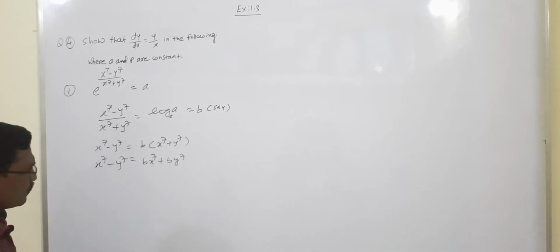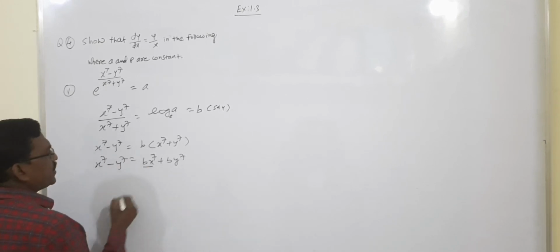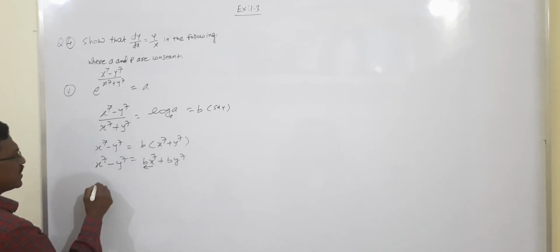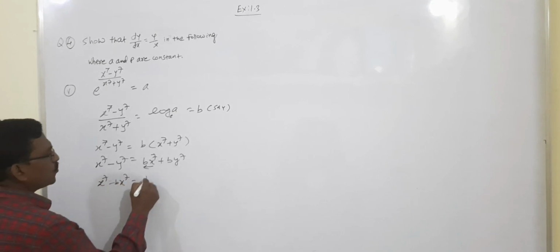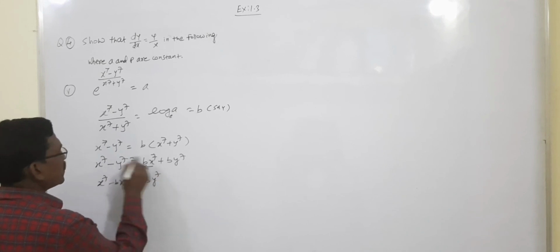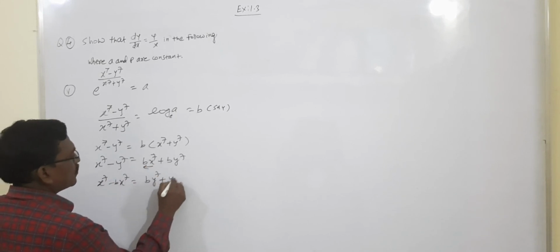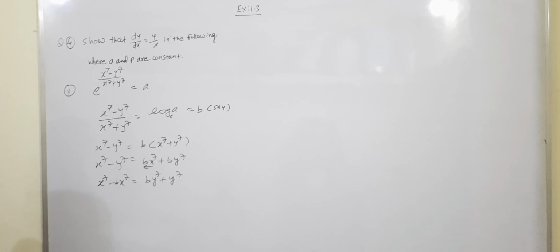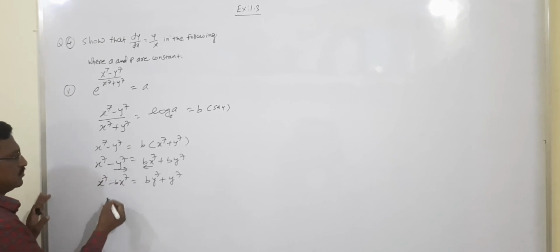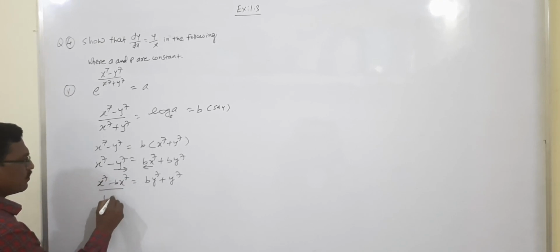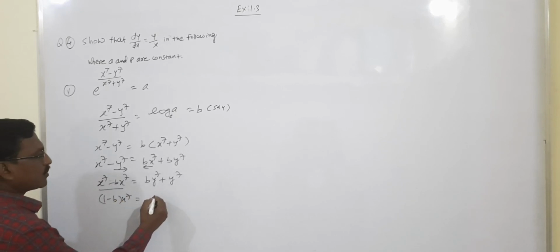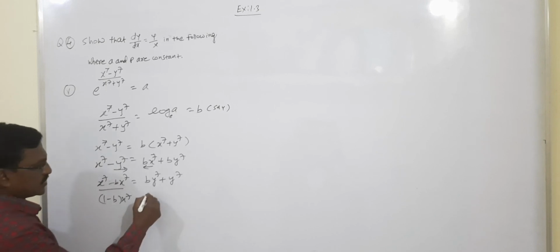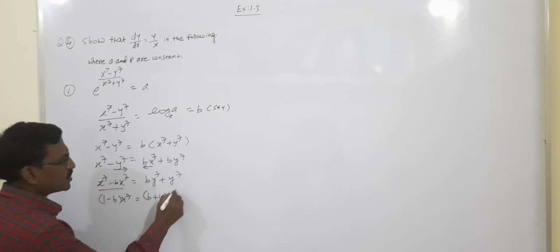Now we take y to the power 7 to the right hand side and b into x to the power 7 to the left hand side. x to the power 7 minus b into x to the power 7 is equal to b into y to the power 7 plus y to the power 7. Now we take common x to the power 7: 1 minus b into x to the power 7 is equal to, here we take common y to the power 7, it is b plus 1 into y to the power 7.